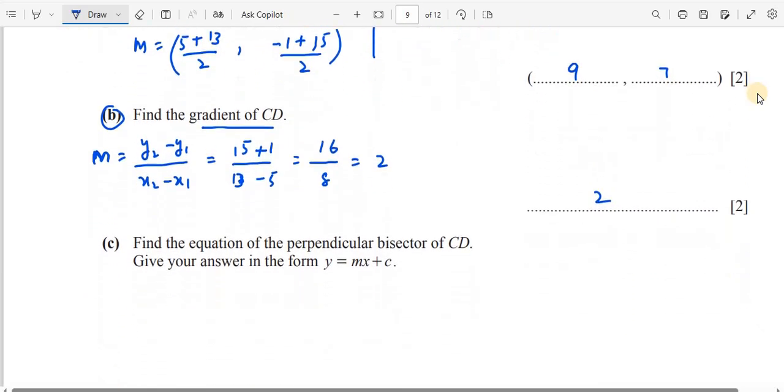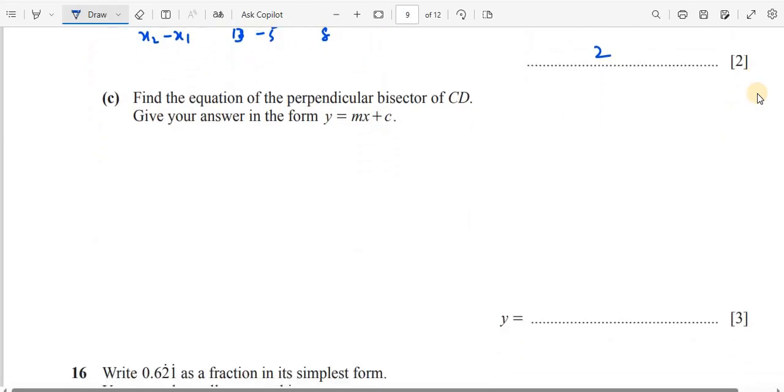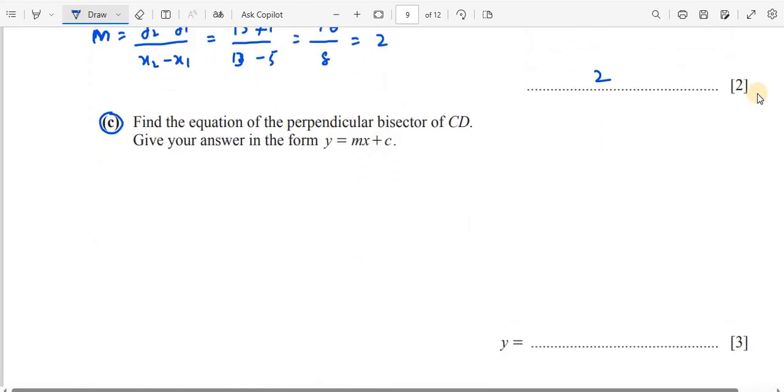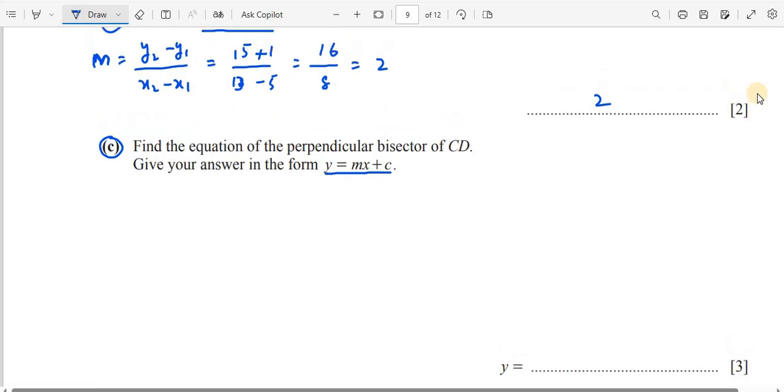Part C, find the equation of the perpendicular bisector of CD. Give your answer in the form y is equal to mx plus c. The slope of this line is m equal to 2, so since it is perpendicular, the slope of this equation is minus 1 by 2.